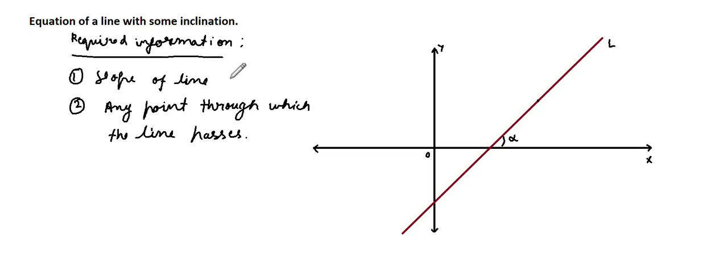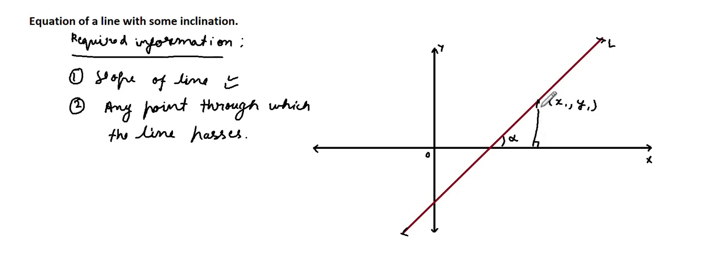Now let us first understand what the slope of a line is. Considering this line L that we have, let us assume it passes through a point x1, y1.